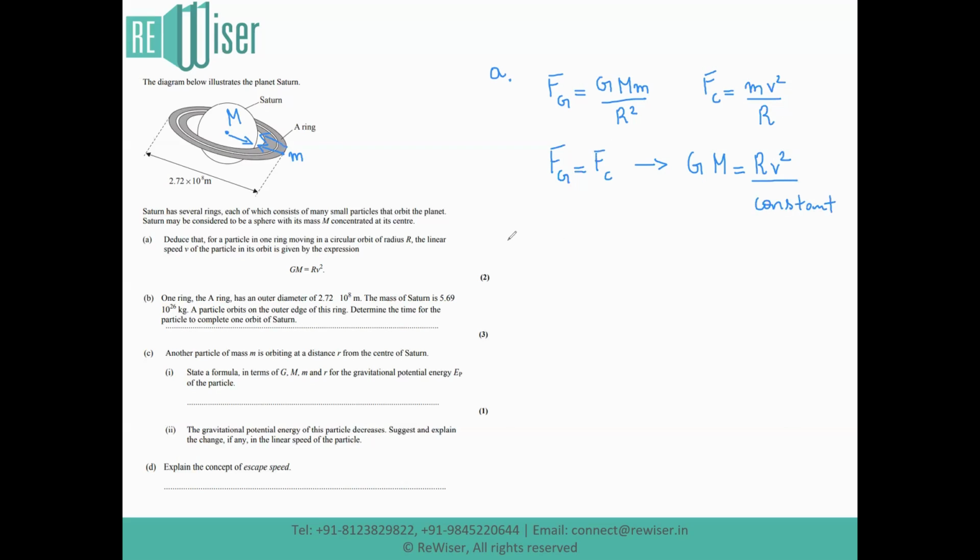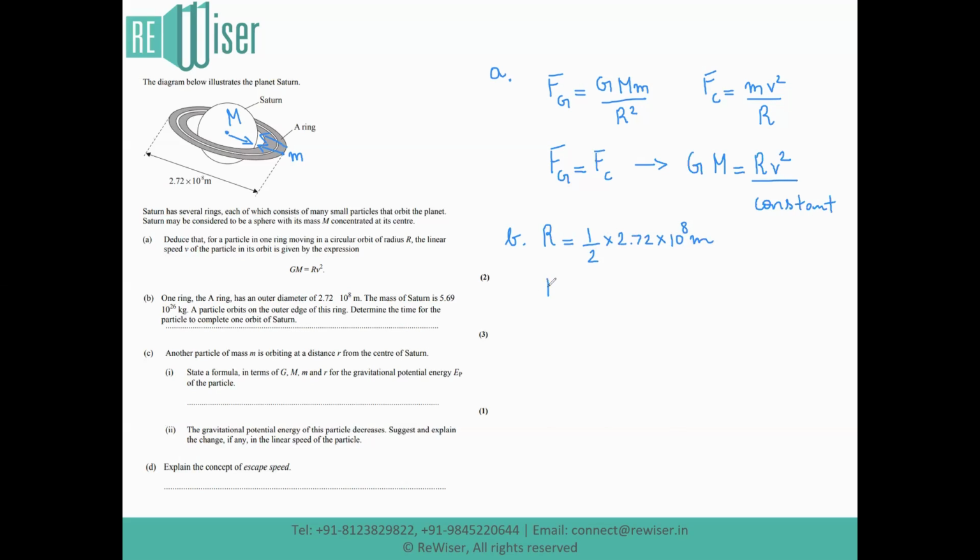Let us move on to part B. Part B of the question is a numerical. One ring, the A ring, has an outer diameter of 2.72 × 10^8 meter. This helps us find the radius R as half of that, half into 2.72 × 10^8 meter.